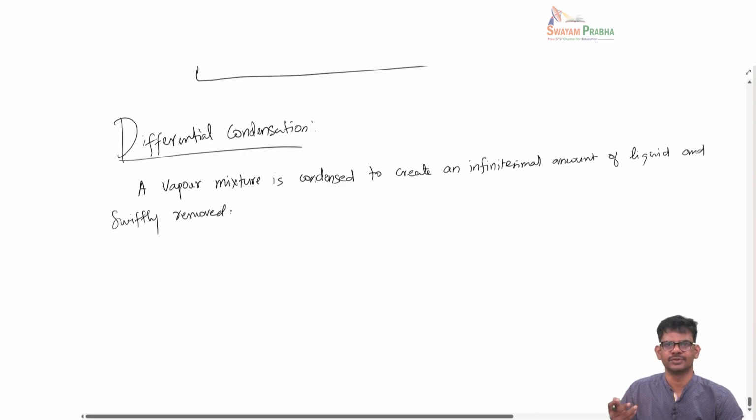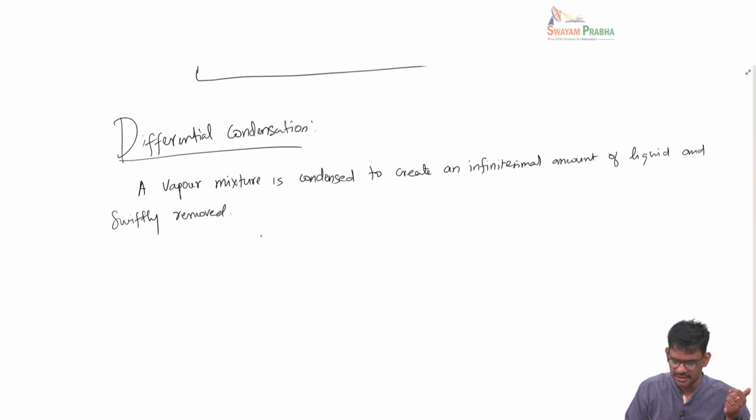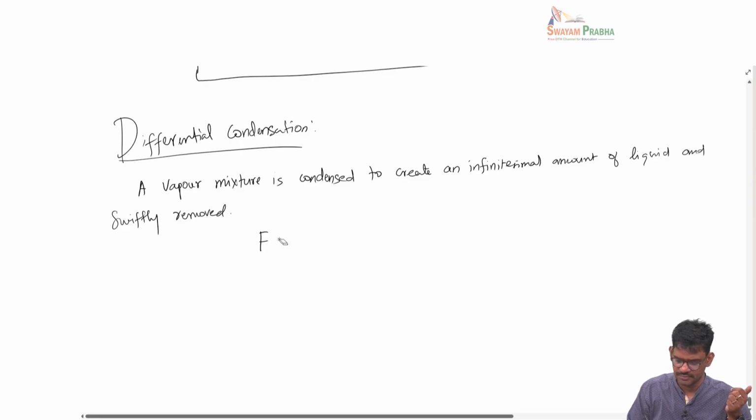Then you do this over and over, and you get a vapor which is always at dew point temperature, but the liquid condensate that you create would have an average composition. So in this case you can again write F times yF should be equal to D times yD plus W times some x average.